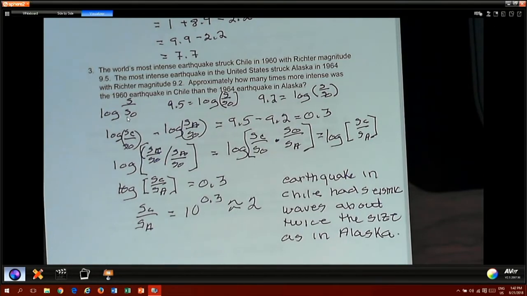So even though the values on the Richter scale are not that far apart, the actual intensity of the earthquake in Chile is like 2 times the intensity of the earthquake in Alaska.